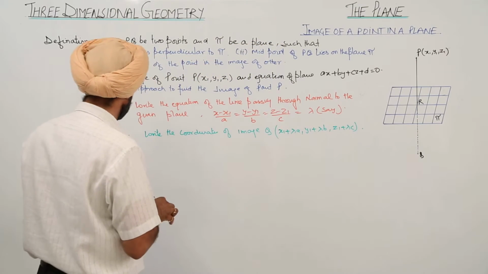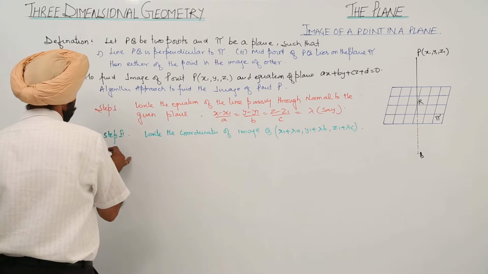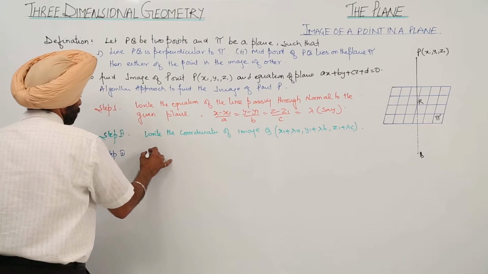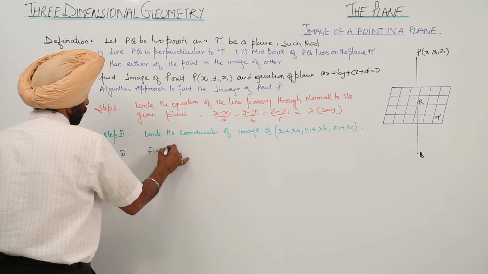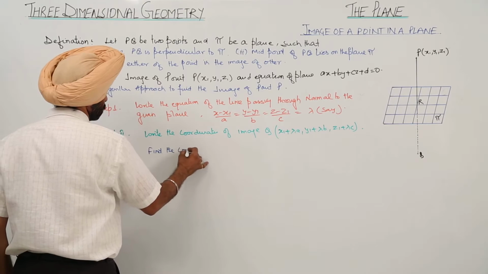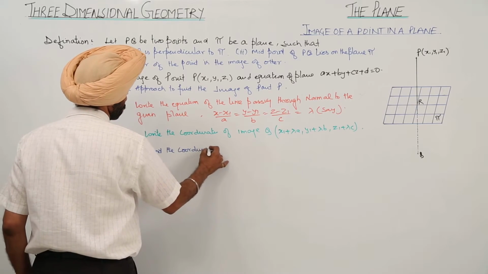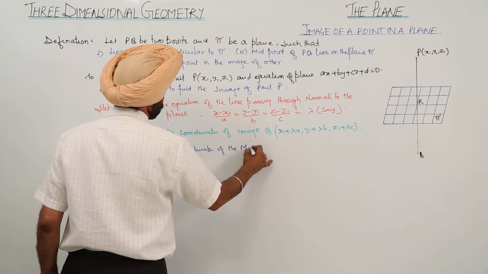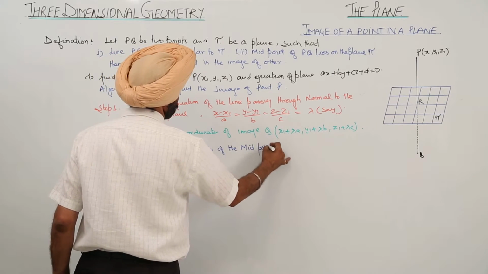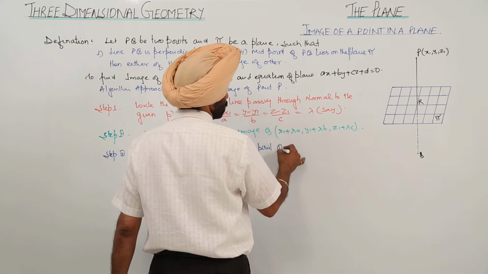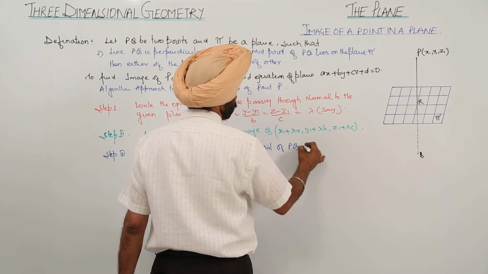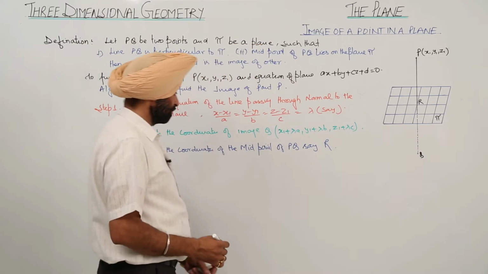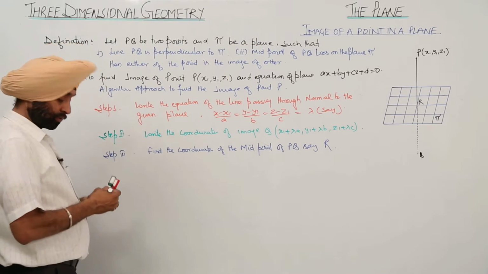Now, step 3: find the coordinates of the midpoint of PQ, say R. By the midpoint formula you can write it.